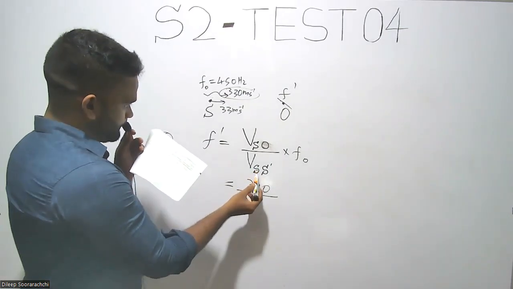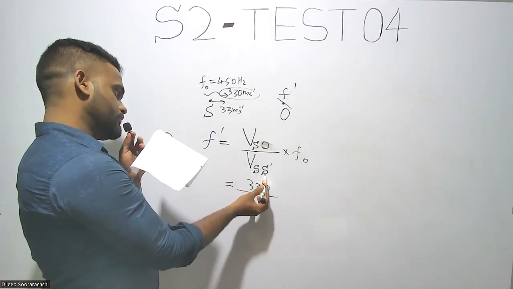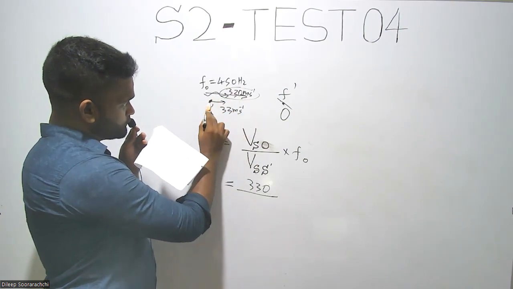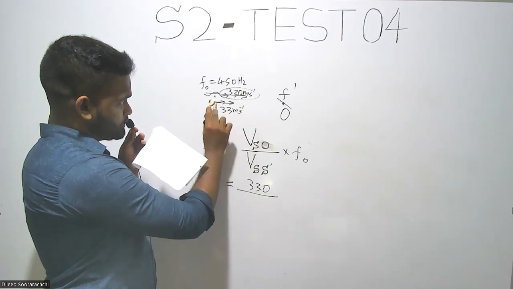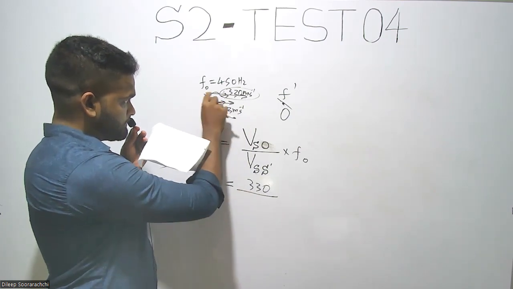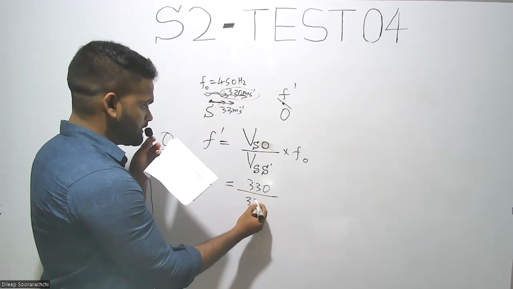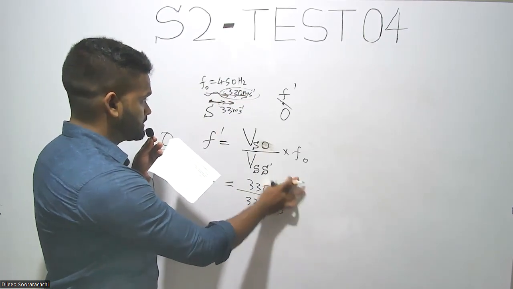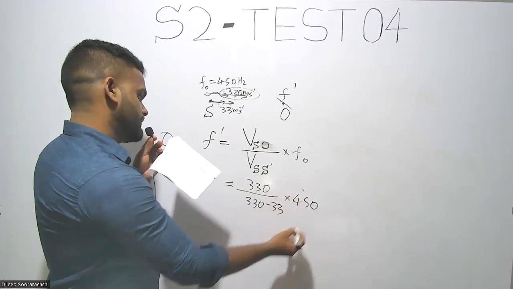This is the velocity of sound relative to source. The sound wave is moving to this side, and the source also is moving to the same side, so the relative velocity should be the difference: 330 minus 33, times f naught, which is given as 450 hertz.